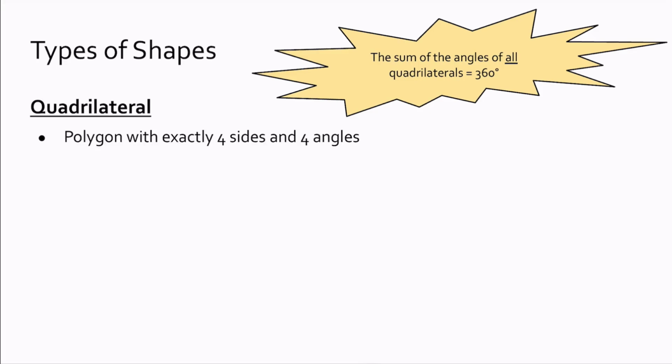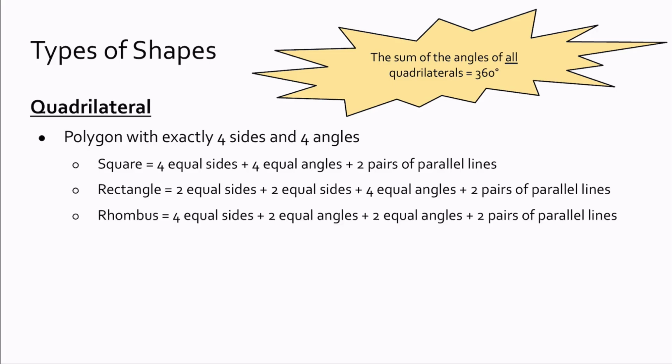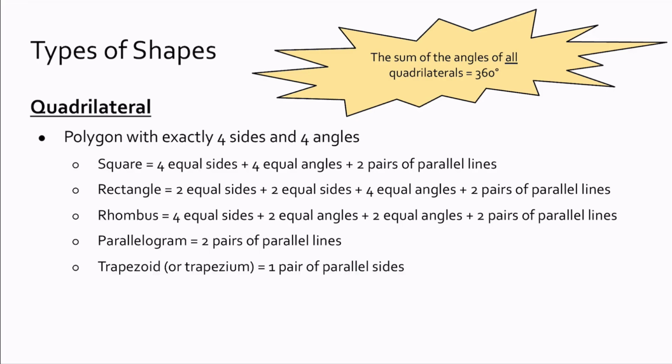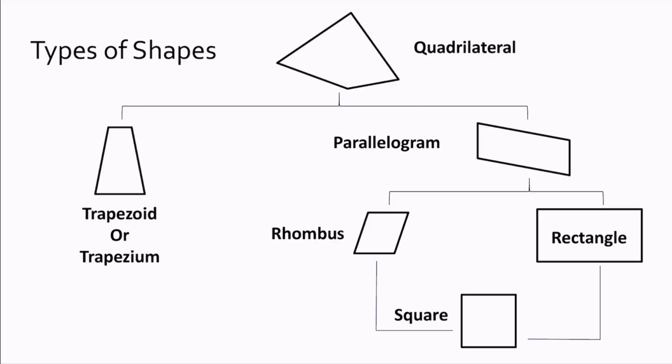So here are the characteristics of a quadrilateral. It's a polygon with exactly 4 sides and 4 angles. So a square, a rectangle, a rhombus, a parallelogram, a trapezoid, or what we just call quadrilateral because it doesn't fit into any of these other categories.